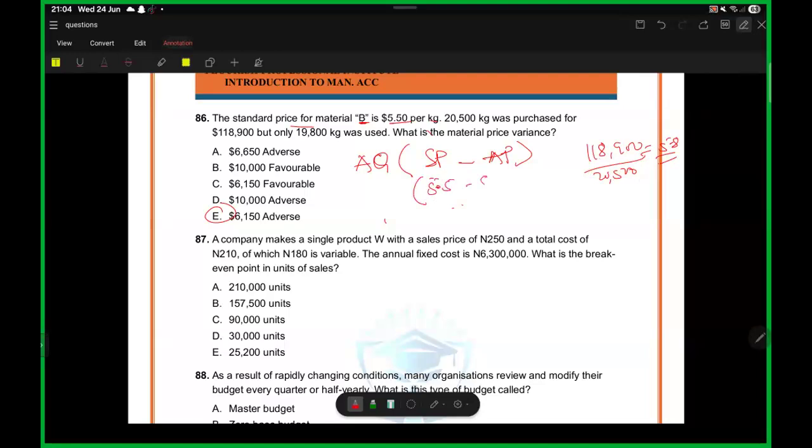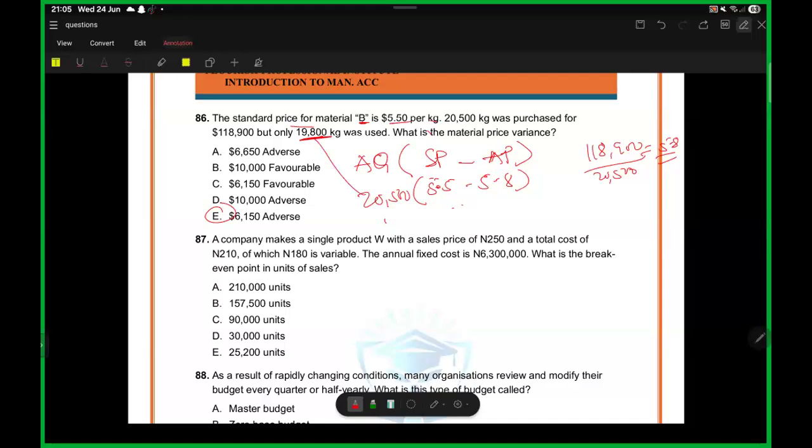So this becomes 5.5 minus 5.8. Then the actual quantity. What was the actual quantity that was bought? If the question further asks us about inventory, we can find the difference to get the closing inventory.